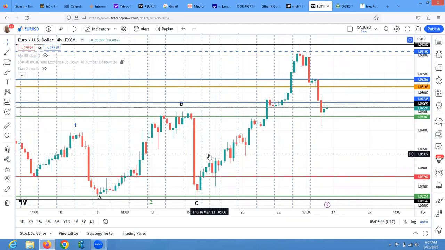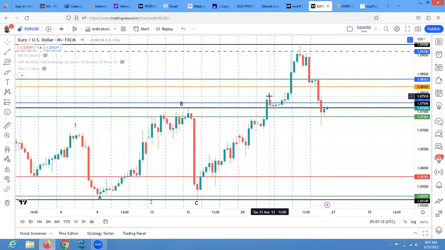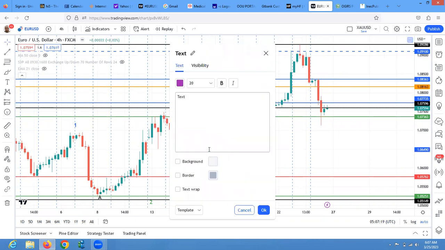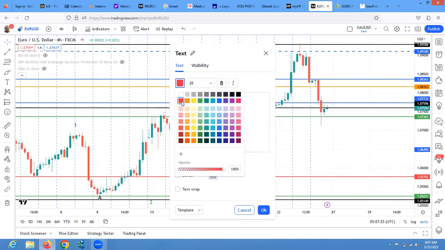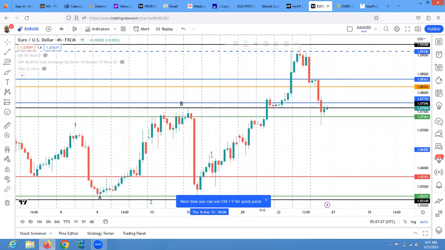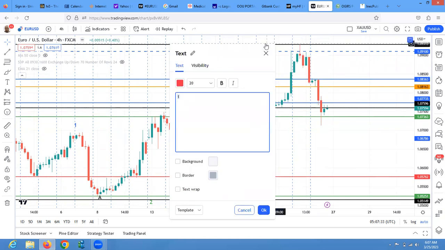This is like 1, this is 2, and 3, and 4 here. This is 1. I'm using this to teach us a break of structure, because when you understand all of these things, you will not be on the wrong side.